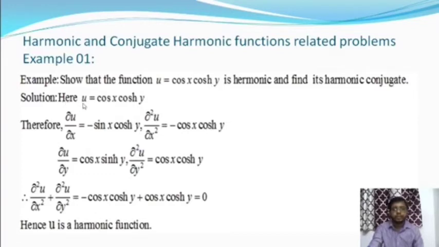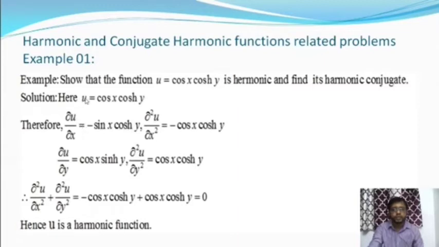Here u is equal to cos x times cosh y, this is given. From this we will get the partial derivatives. First, del u del x, which is the partial differentiation with respect to x, where y is constant.